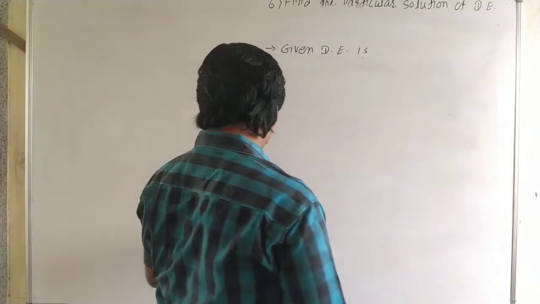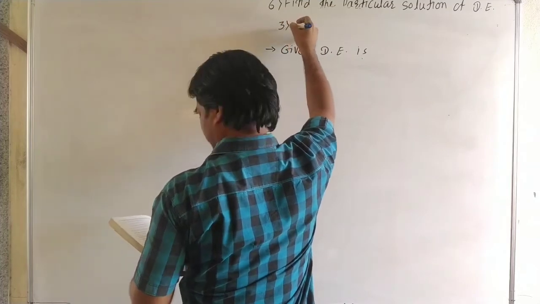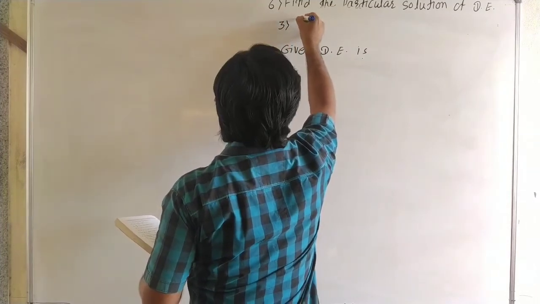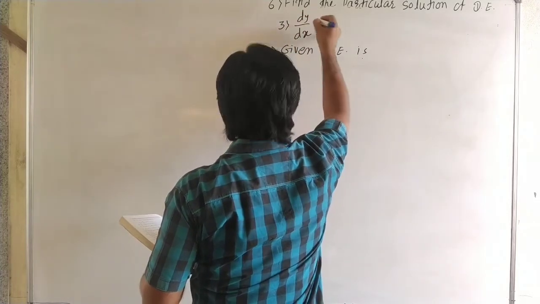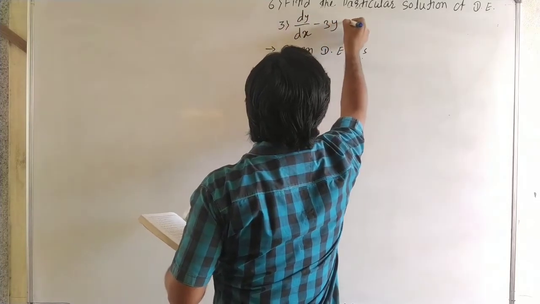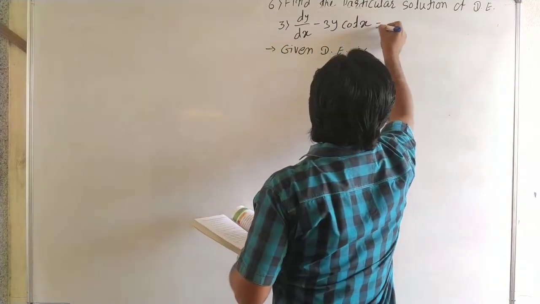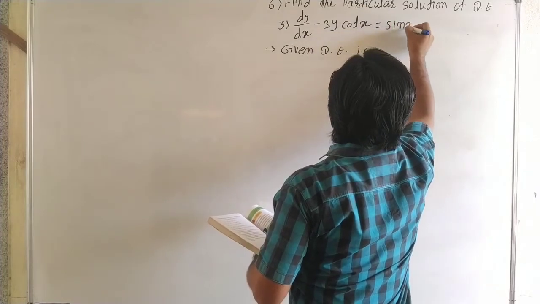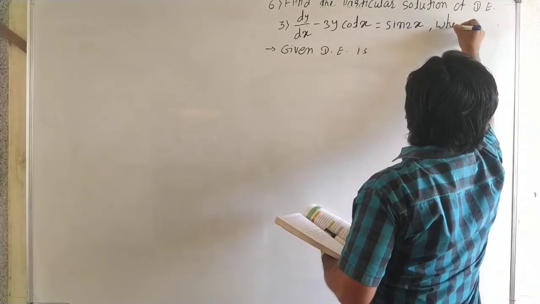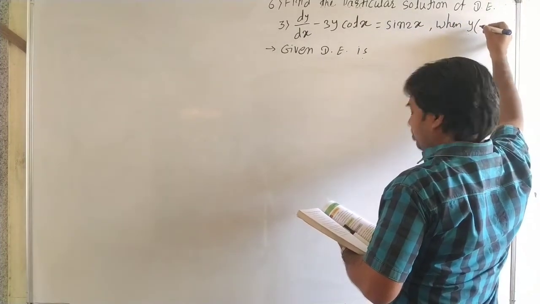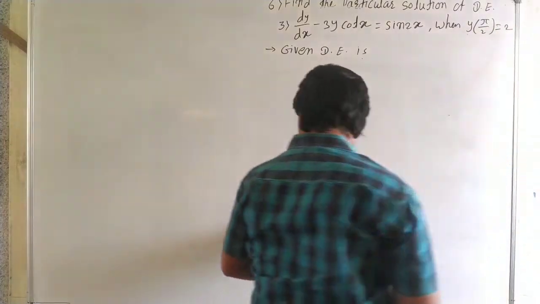Now the next, third example: dy by dx minus 3y cot x is equal to sin 2x, when y of pi by 2 is equal to 2.